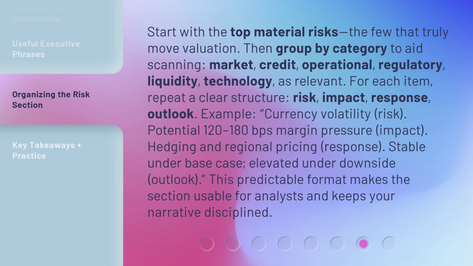Example: currency volatility, risk. Potential 120 to 180 basis point margin pressure, impact. Hedging and regional pricing, response. Stable under base case, elevated under downside, outlook. This predictable format makes the section usable for analysts and keeps your narrative disciplined.